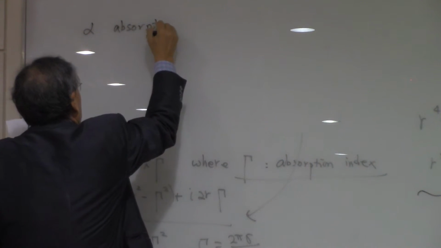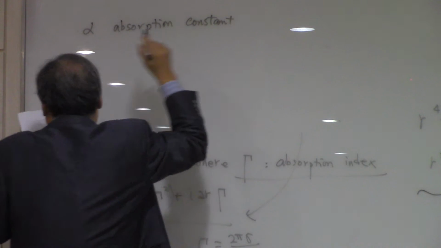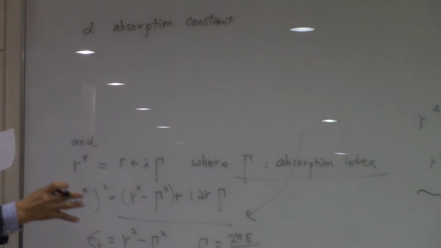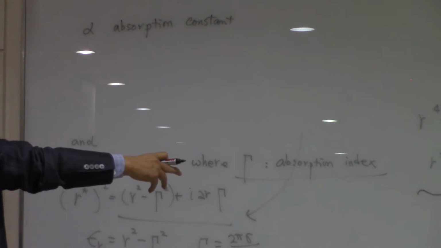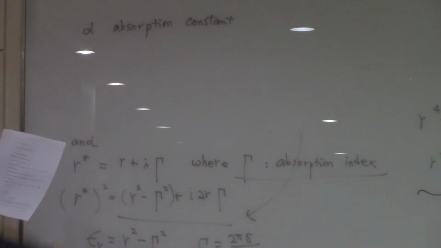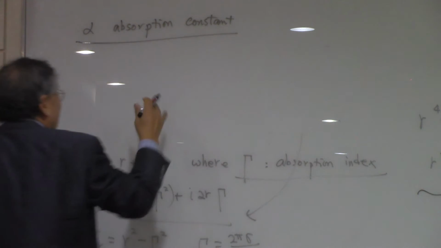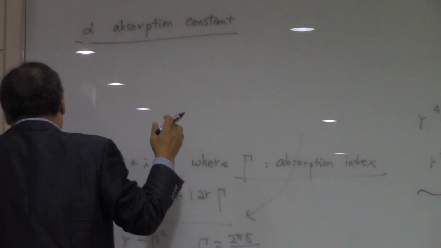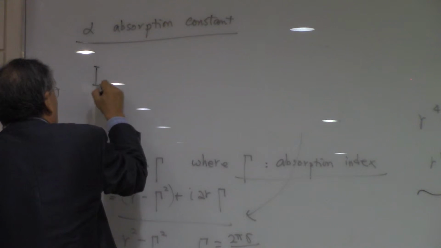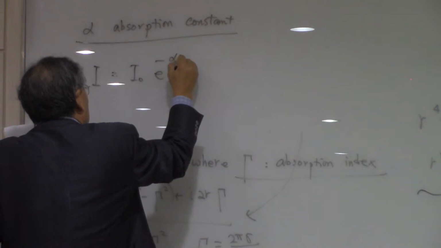And there should be a relationship between the attenuation, the absorption index and the absorption constant. Now, the absorption constant is just a measure we can measure experimentally, which is going to be e to the minus alpha x.